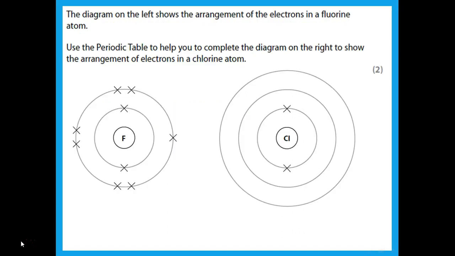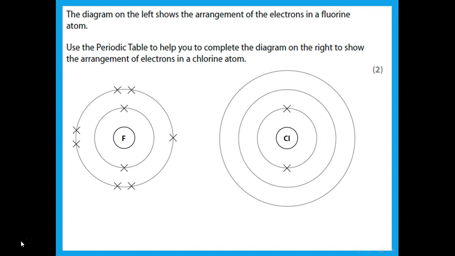Okay? The diagram on the left shows the arrangement of the electrons in a fluorine atom. So fluorine has an atomic number of 9 from your periodic table. So it's distributed 2 and 7. Use the periodic table to help you to complete the diagram on the right. Now, if you look at chlorine in the periodic table, chlorine has a small number 17.